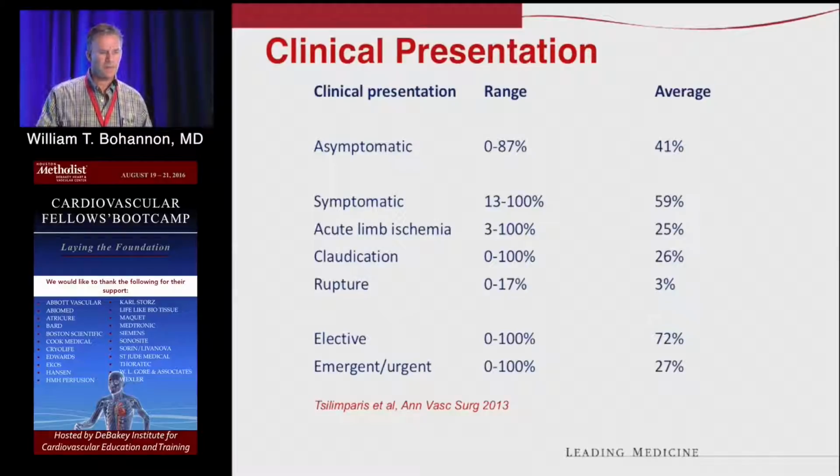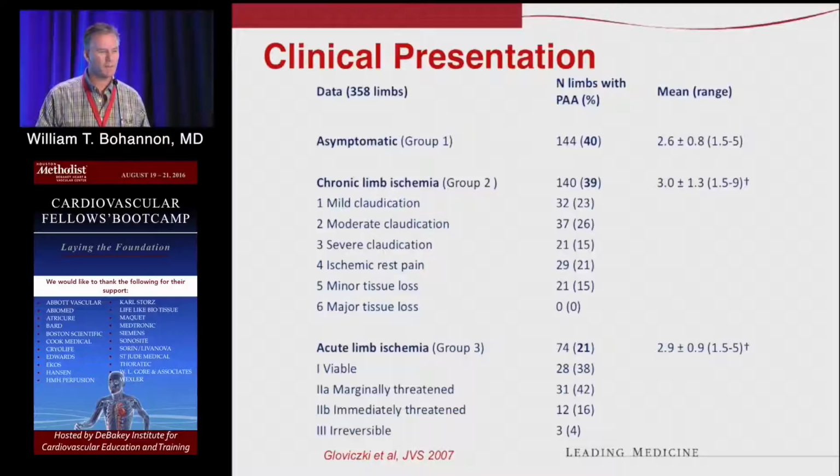Now, in regards to clinical presentation, symptomatic-wise, it can be up to 60% of the people having symptoms, and electively treatments can be about 70% or so, with the urgent being less than 30.